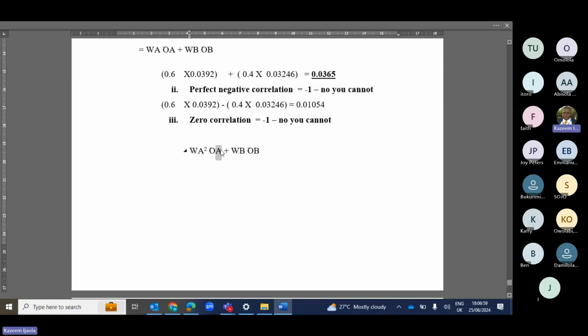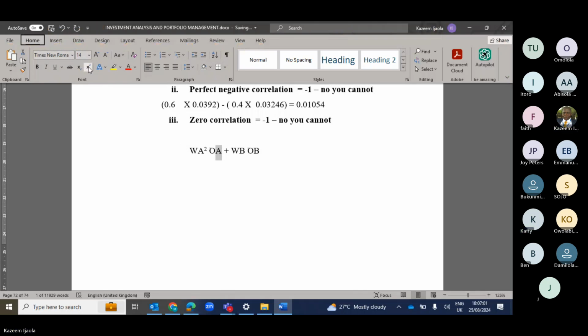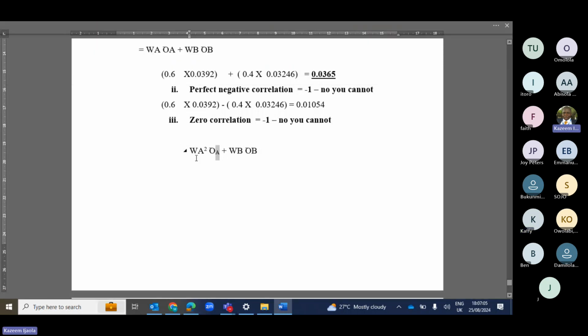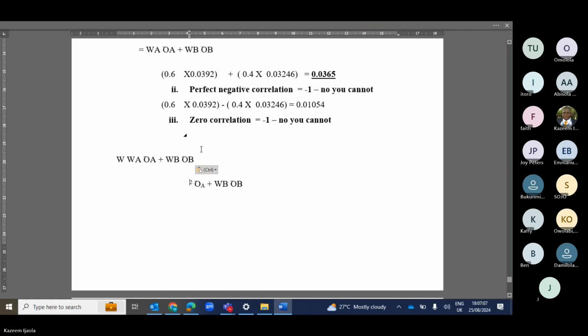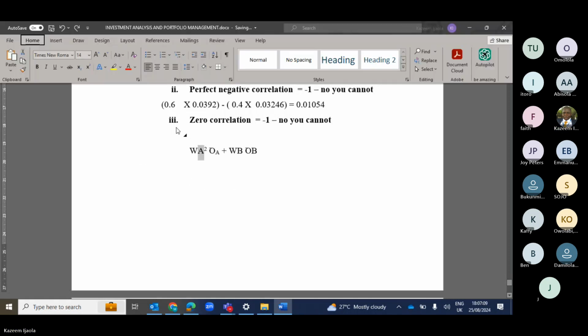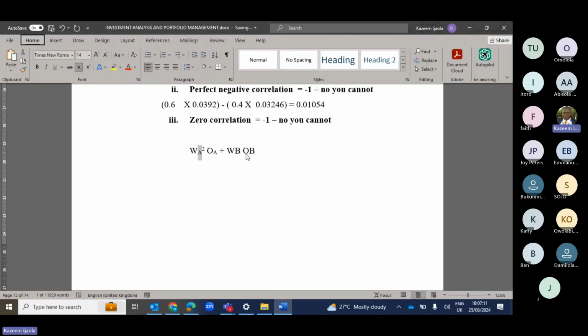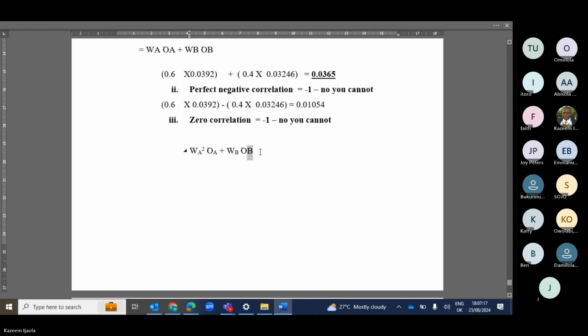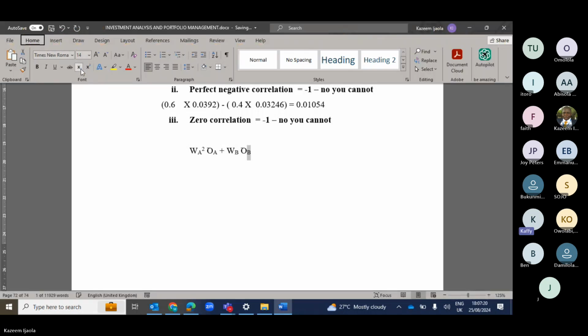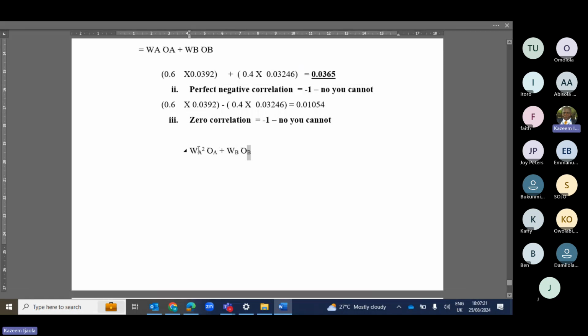No, this is subscript, so please. A is subscript, and B is also subscript. This is squared. So you will find this value first. Then when you have found this value, you will now find the standard deviation.